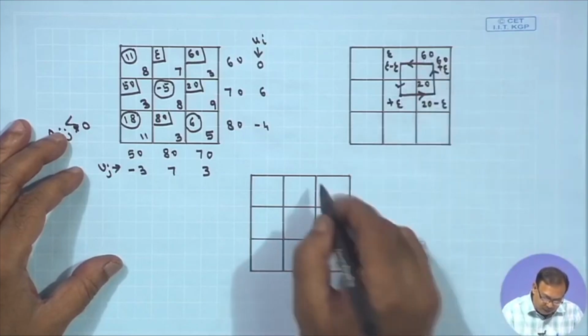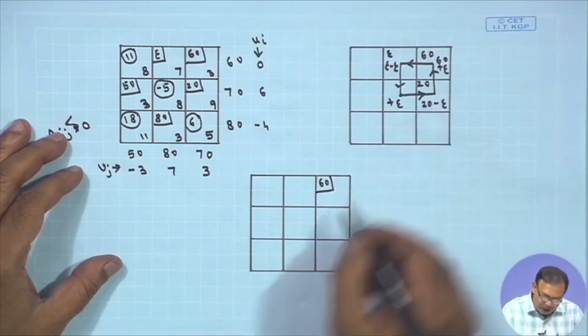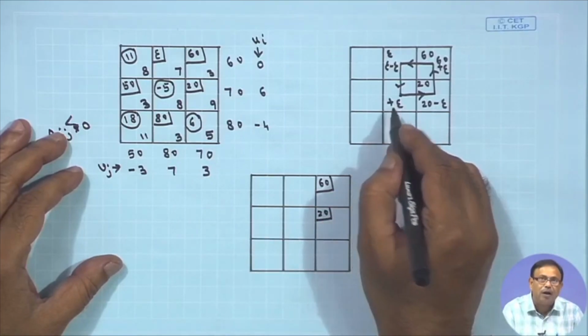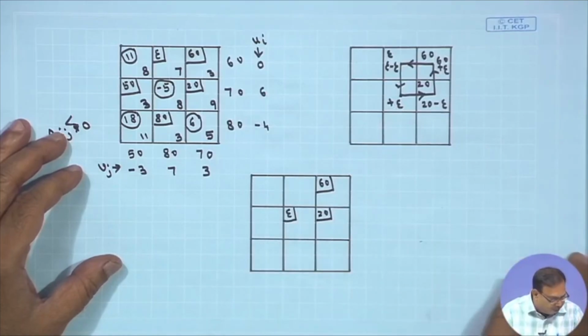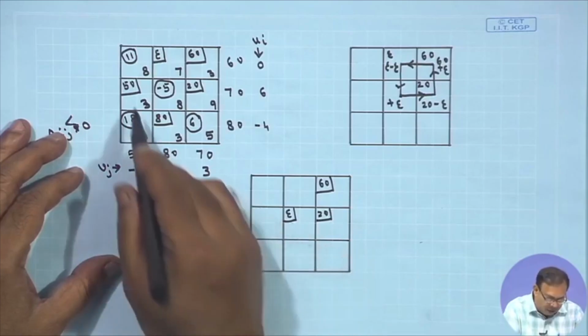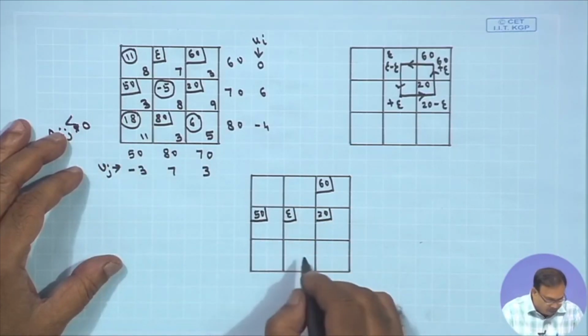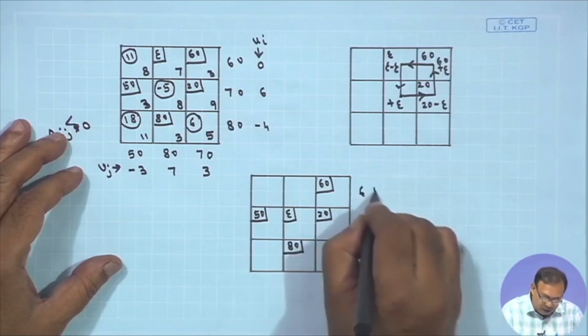So, what is your result? Here 60 you have given, here it is 20. Now, epsilon has been added here, so this cell will be occupied by epsilon. Here 50 was already there and you have 80 over here, so those values will remain the same.